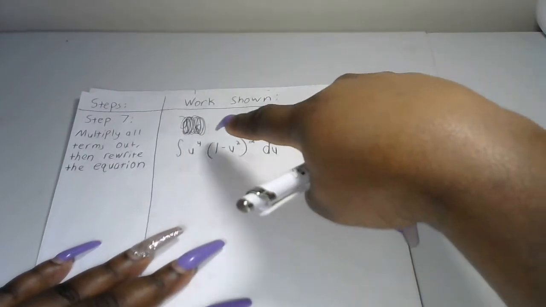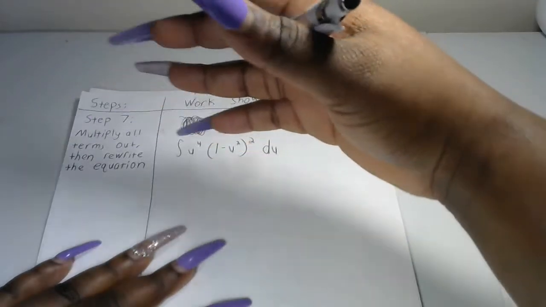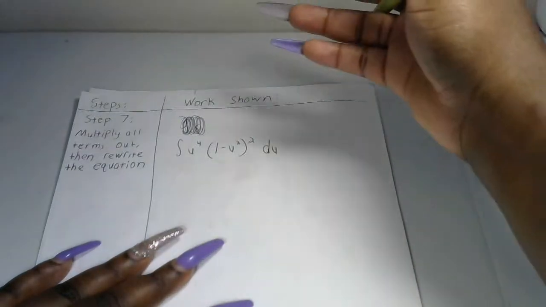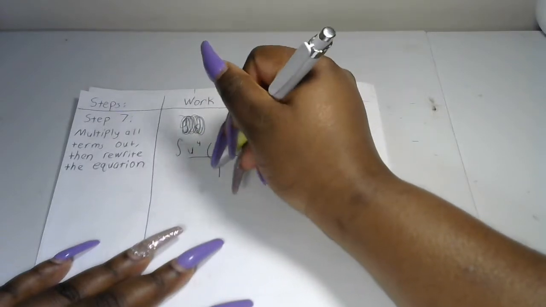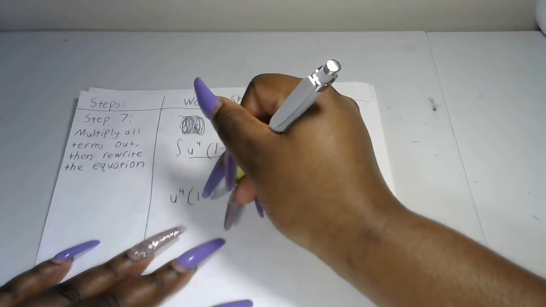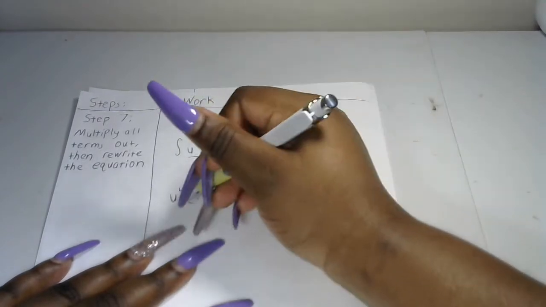When I say multiply all the terms out, I mean we're going to multiply all of this by each other, and by the end we're going to have individual terms like plus and minus. So let me take this integrand and rewrite it: u to the fourth times 1 minus u to the second and all of that squared. We're going to multiply all this out.